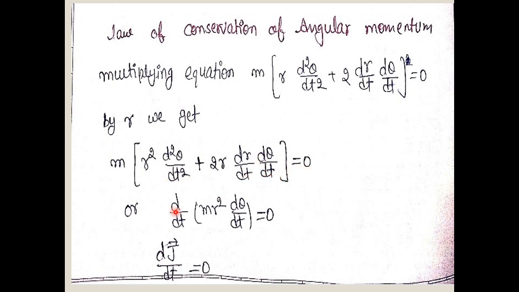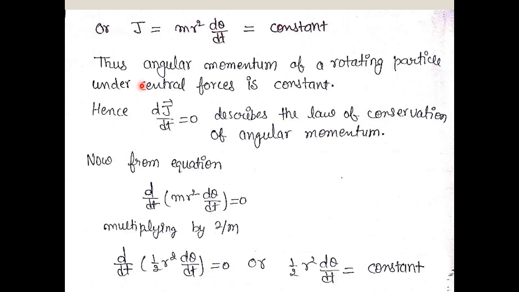Or we can write this as d/dt of (m r² dθ/dt), because when we open this term we get this equation. So we can write J equals m r² dθ/dt. Then this equation becomes dJ/dt equals 0, meaning J equals m r² dθ/dt is constant.